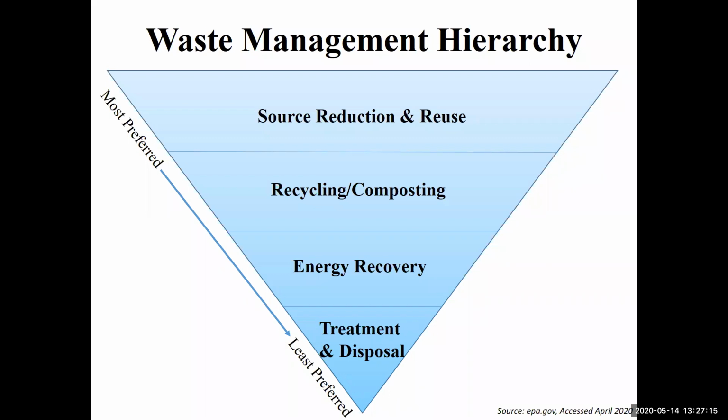We are, say, practicing backyard composting to prevent the waste from entering into the waste stream in the first place, or even, say, leaving those grass trimmings on the yard, or, say, using a reusable bag at the grocery store, or, say, using dinnerware instead of plastic cutlery. So those are some examples of source reduction and reuse, preventing those materials from entering the waste stream in the first place.